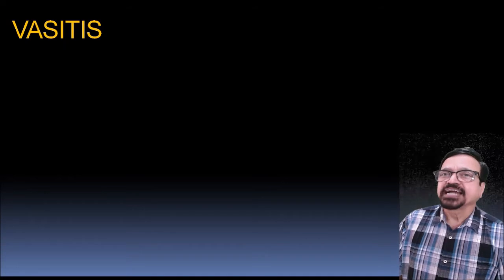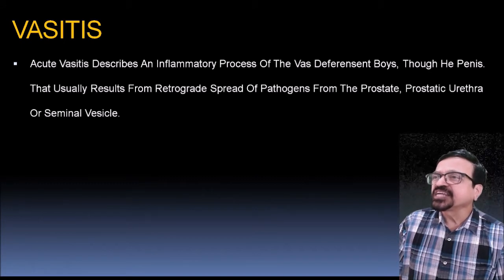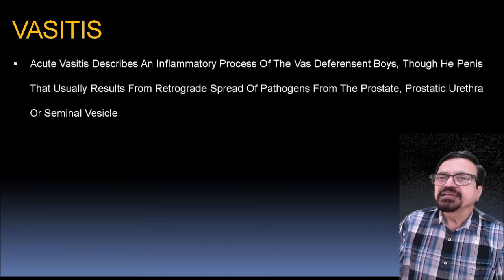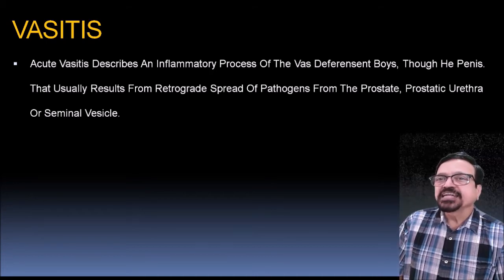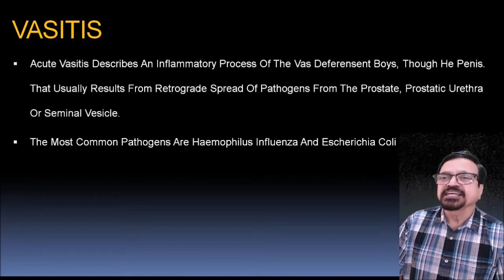Then there is vasitis. Now, acute vasitis describes an inflammatory process of the vas deferens in boys, through the penis, that usually results from retrograde spread of the pathogens from the prostate, prostatic urethra or seminal vesicles.